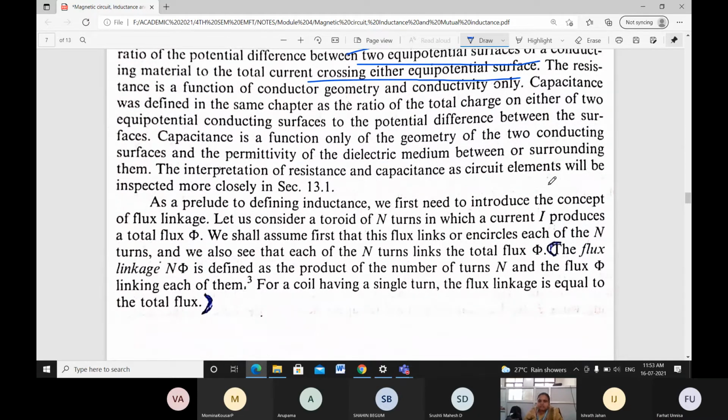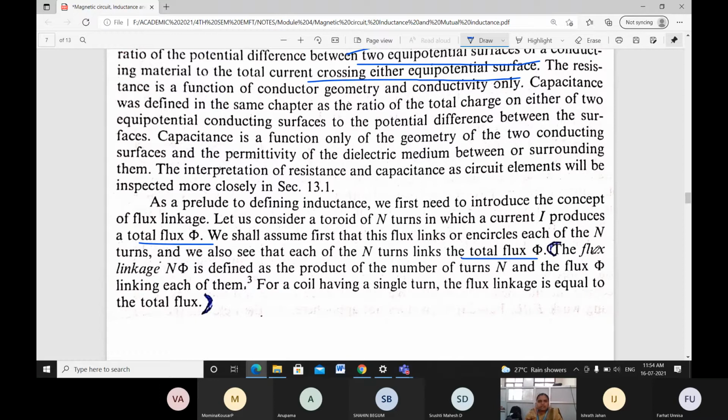Defining the inductance, first we go for concepts like flux linkage. Let us consider a toroid of N turns in which the current I produces a total flux of phi. We assume that the flux links all the N turns; each of the N turns links the total flux.